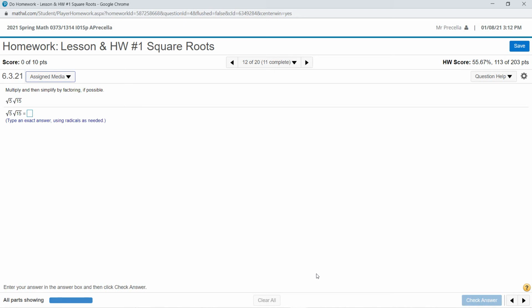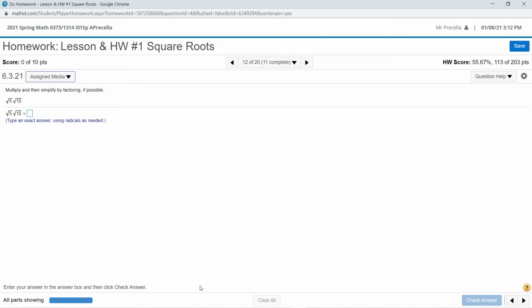Now, on problem number 12, it says multiply and then simplify your answer. Okay, so let me get a new sheet of paper. This is problem number 12. Let me write it down. It's the square root of 5 times the square root of 15.